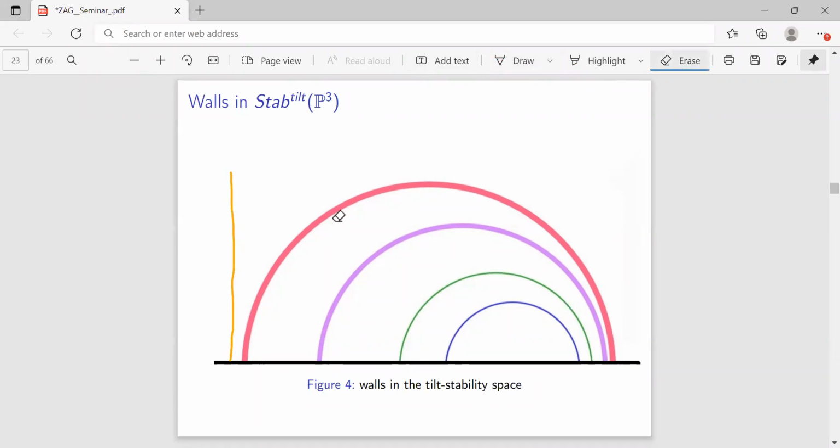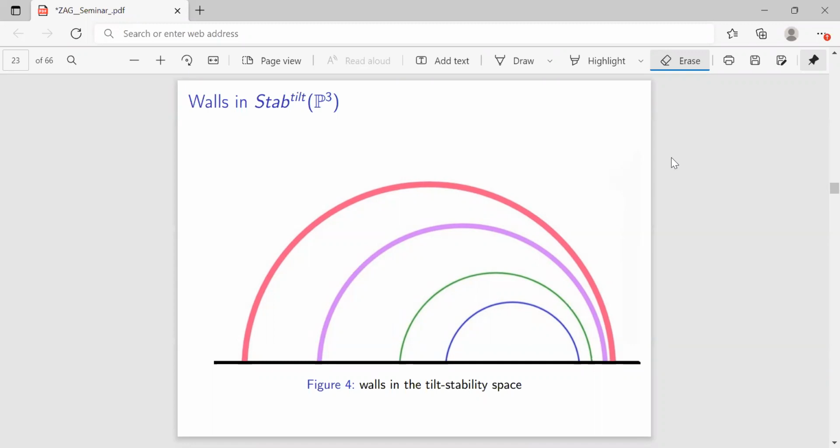But in our case, we only have these 4 semicircles, so the vertical line is not the case in our case. Then if you translate this picture to the Bridgeland stability space, to the Stab of P3, then some of these walls might get decomposed into some more walls. And you don't have semicircles anymore, but you have some more complicated equations.